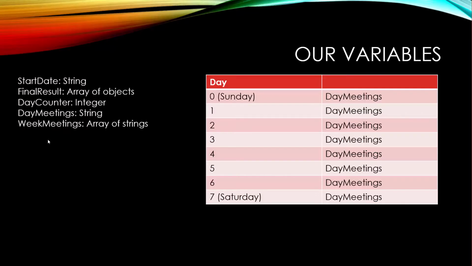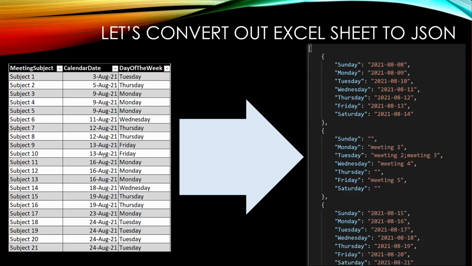Next is going to be day meetings. This one is going to tell you how I'm going to construct that table. If you look at here, for example, if I pick day August 9, there are 3 meetings here. It's an array, but for this specific date, I want to get every single one of those meetings and concatenate them together.